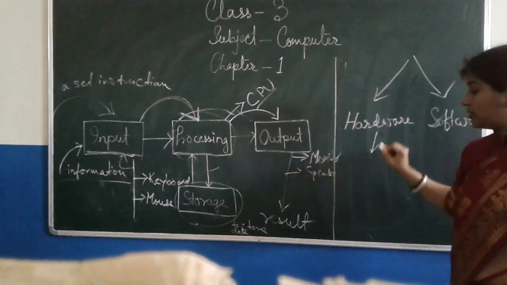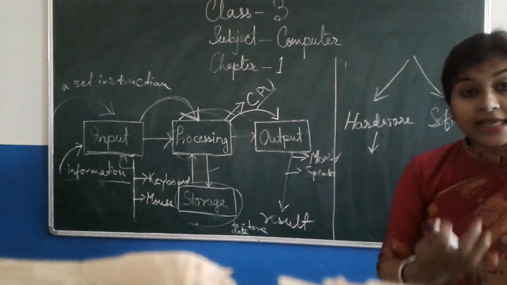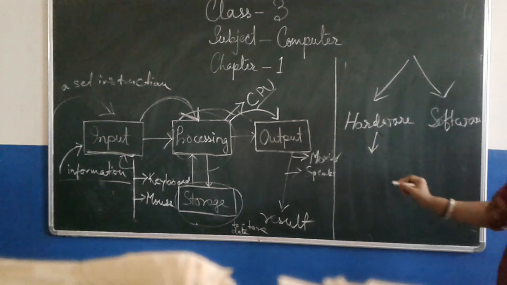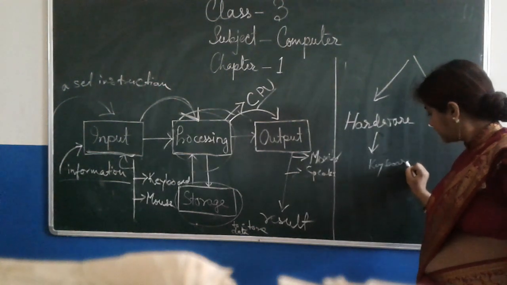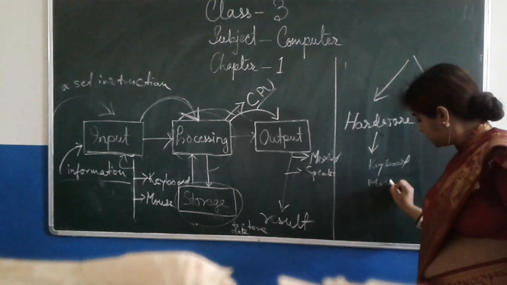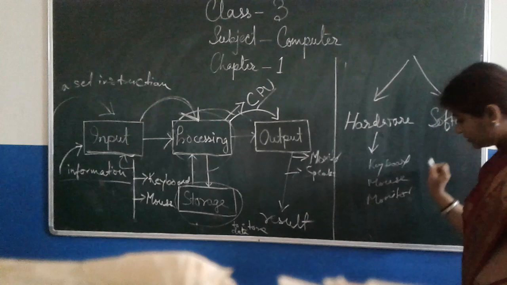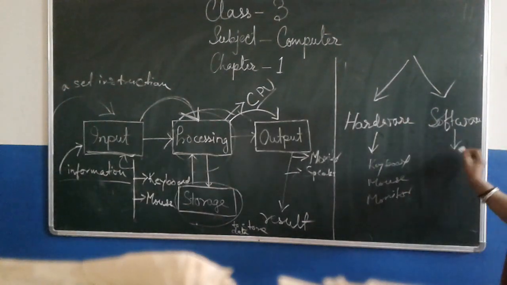Hardware are the physical components. Those devices which we can see and touch are hardware, like keyboard, mouse, monitor.